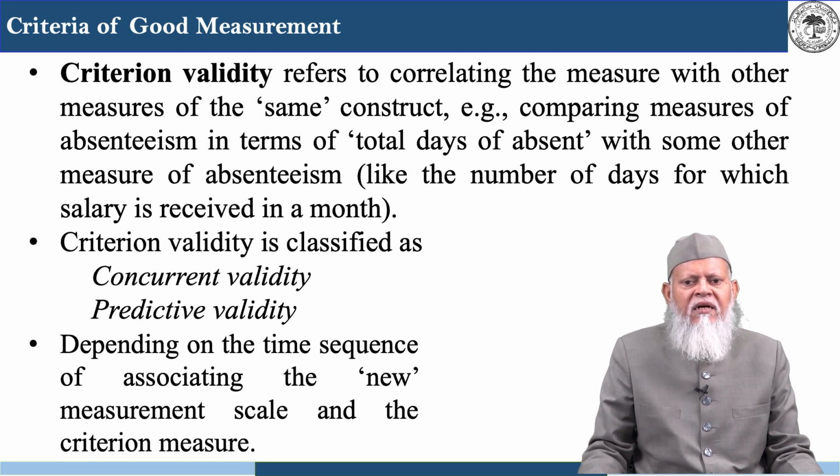Criterion validity refers to correlating the measure with other measures of the same construct, for example, comparing measures of absenteeism in terms of total days absent with some other measure of absenteeism, like the number of days for which salary is received in a month. So, criterion validity is classified as concurrent validity and predictive validity, depending on the time sequence of associating the new measurement scale and the criterion measure.